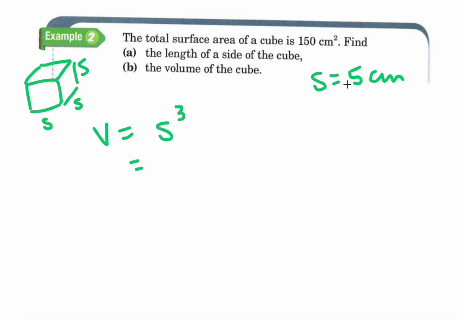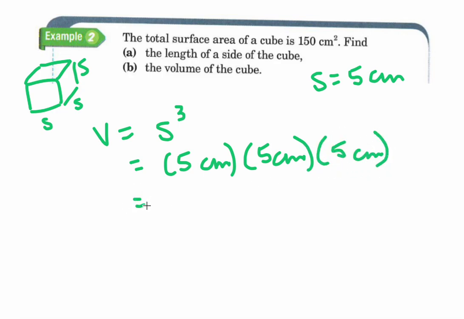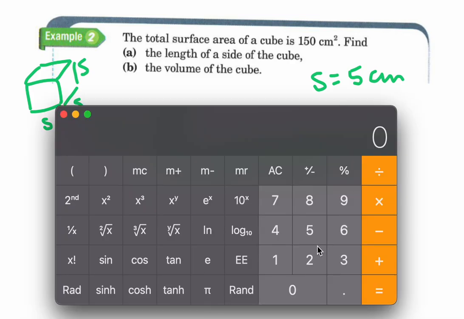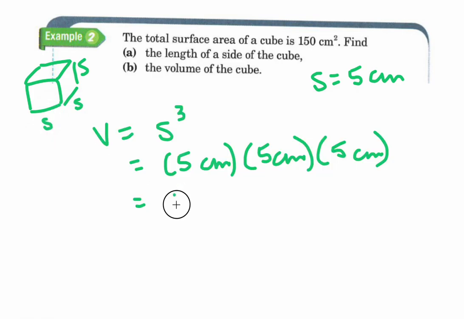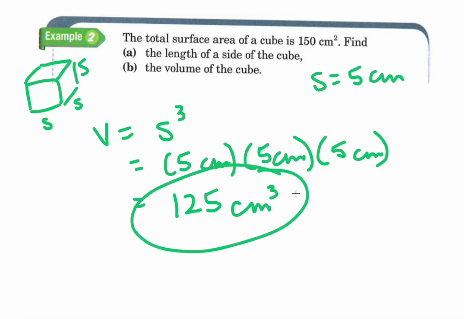If it's s cubed and s is equal to 5 centimeters, then those 5 centimeters need to multiply by each other 3 times. 5 times 5 times 5. So that'll be 25 times 5, and that's 125. 125 centimeters times centimeters times centimeters is centimeters cubed. Makes sense because it's volume. Volume has 1, 2, 3 dimensions.